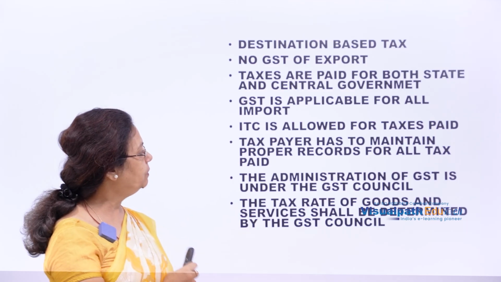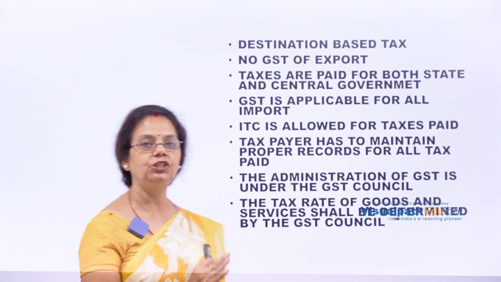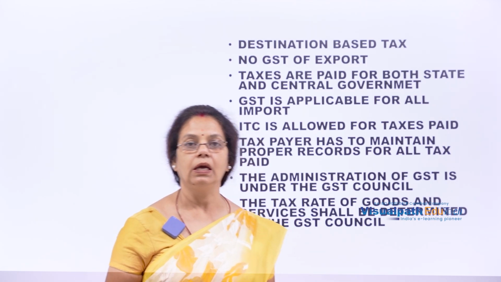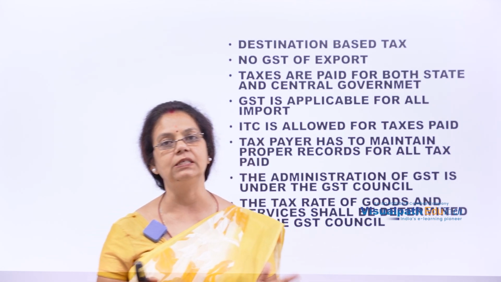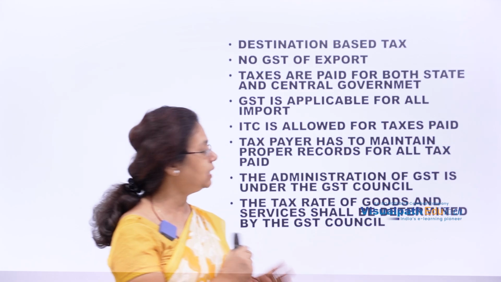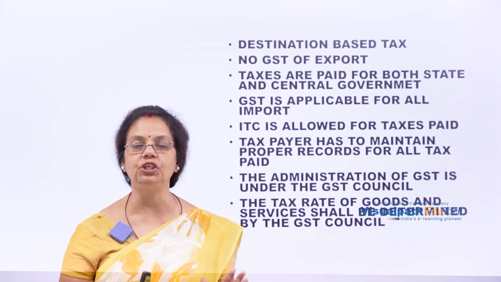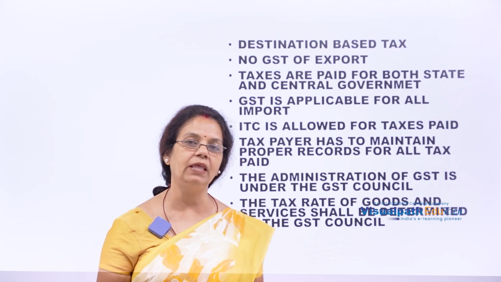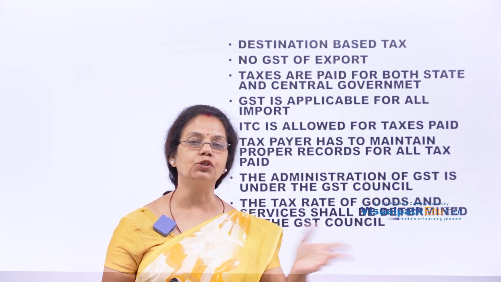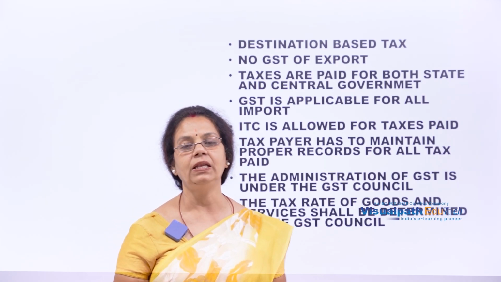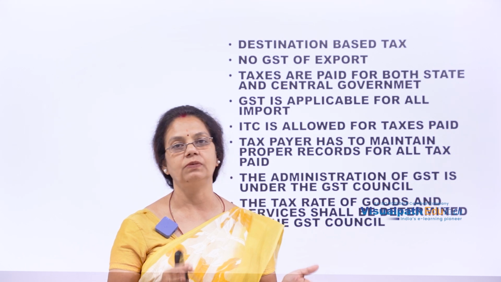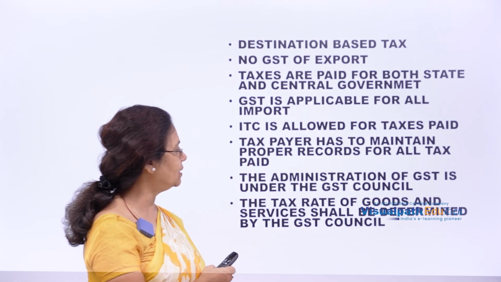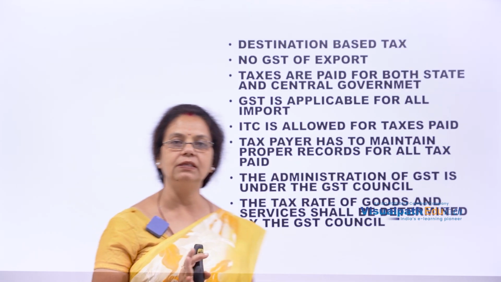Next, the administration of GST is under the GST Council. The entire administration, the control, collections, everything is in the hands of the GST Council. Remember, the GST Council has the entire documents with them through which they can control the taxpayers. The rules and regulations are always prepared by the GST Council. Next, the tax rate of goods and services shall be determined by the GST Council.